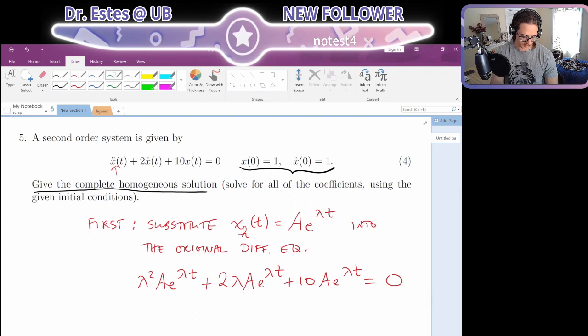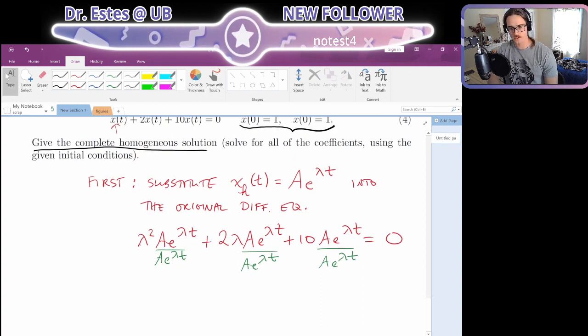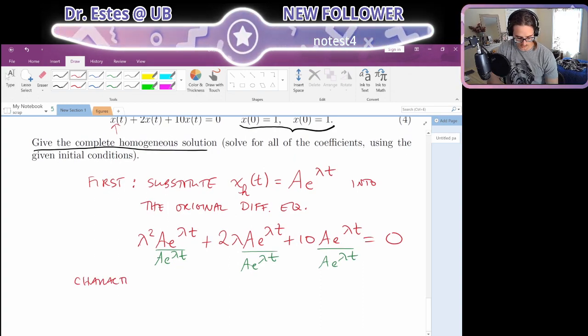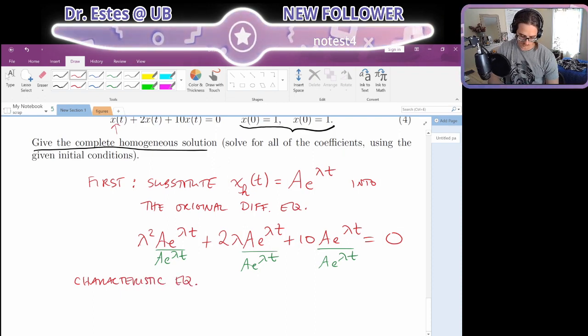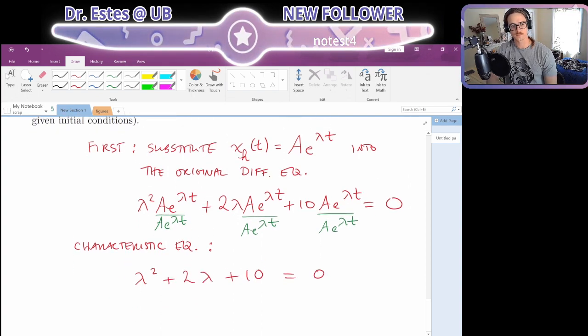And then what I do is I divide both sides by a e to the lambda t, and what you're left with is called the characteristic equation. So if we divide all this out, it's just going to be lambda squared plus 2 lambda plus 10 equals 0.